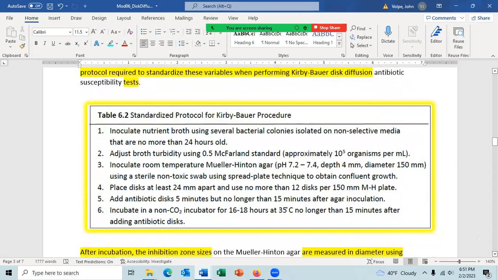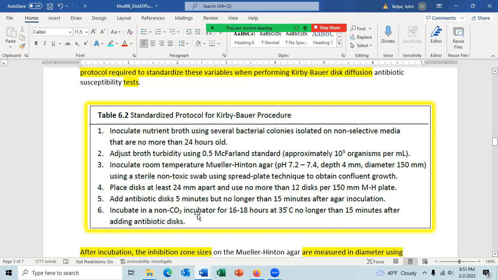Then you add the antibiotic disc 5 minutes after you inoculate the plate with bacteria, but no longer than 15 minutes after. You want to let the bacteria sit a little bit on the plate so that the liquid the bacteria are in is absorbed by the agar.